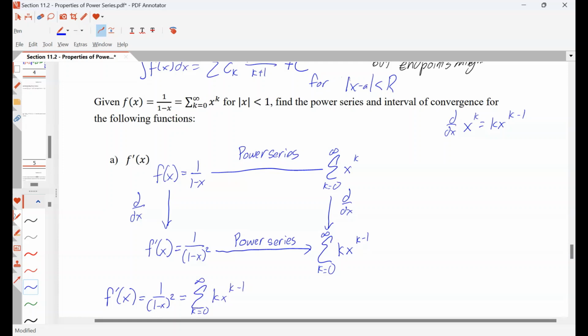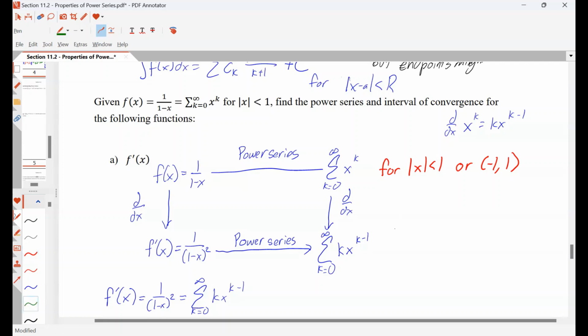We also need the interval of convergence. This works for the absolute value of x less than 1, or negative 1 to 1. We want to check, is that the same when x equals 1 or x equals negative 1?